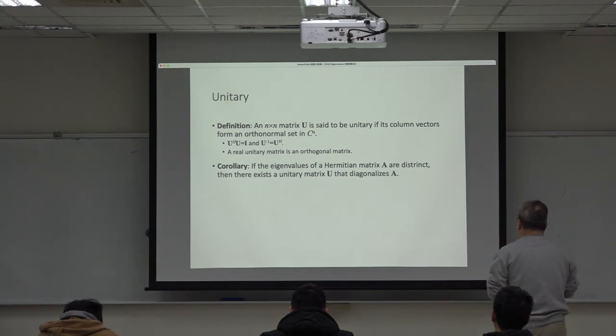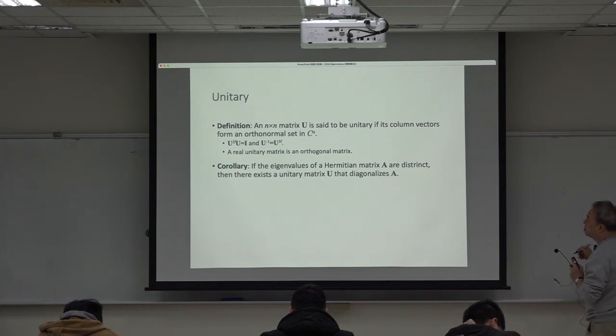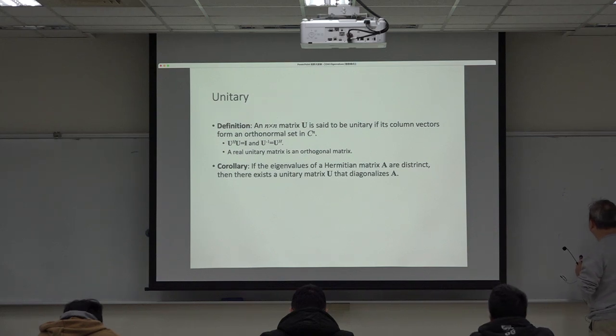So basically, you try to multiply A by each of these eigenvectors, x1 to xn, and you get lambda 1 x1, ..., lambda n xn.